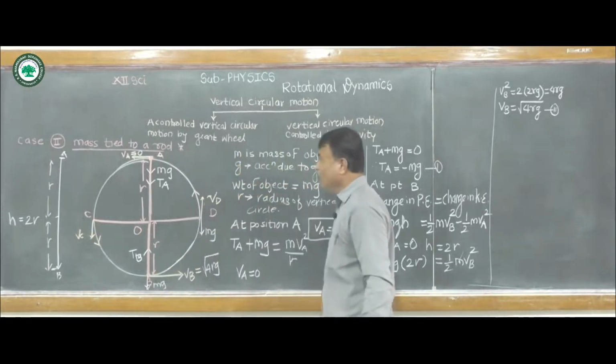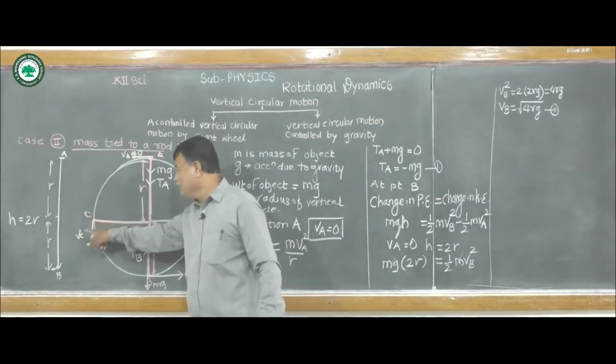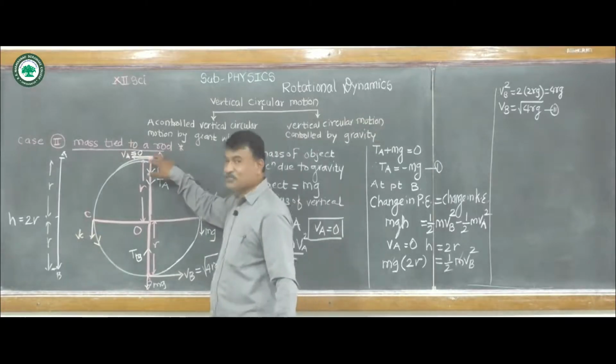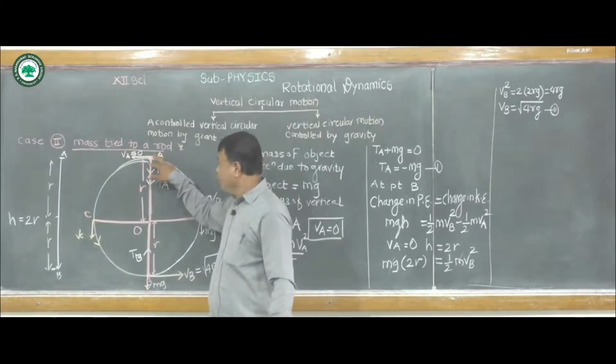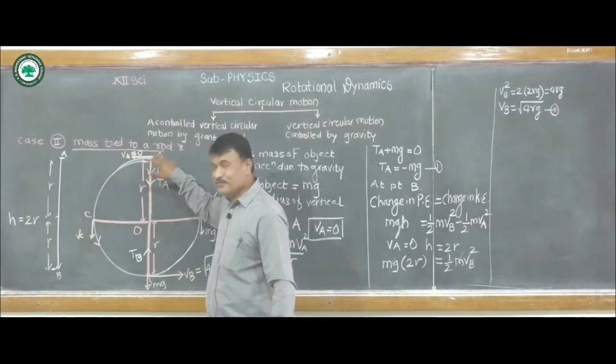Now we have to find out the velocity of the particle when it is at position C. For that purpose, again we consider position A. When the point mass is at position A, at that point there is maximum potential energy.